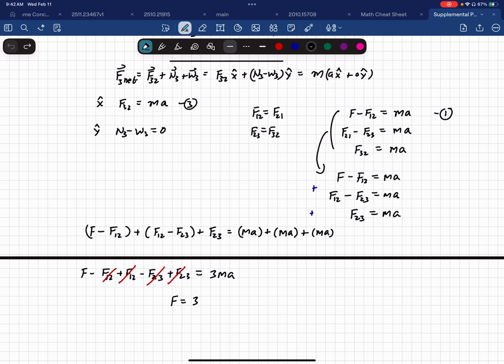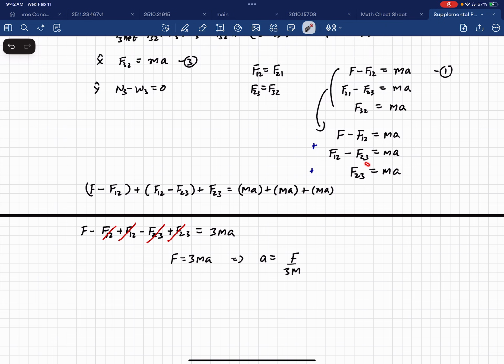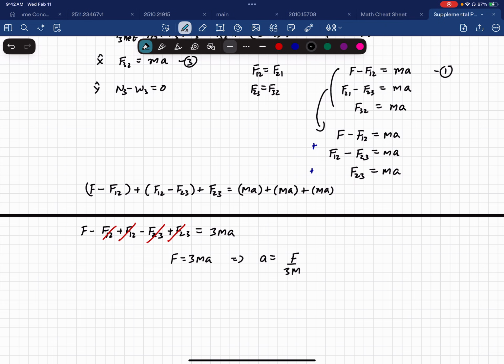Wait, let me write it down stepwise, so as not to skip a step. Fine. And we put it back into this equation to get F23. And then what do we get? F23 is m times F upon 3m, 1/3 of the force. Understood?